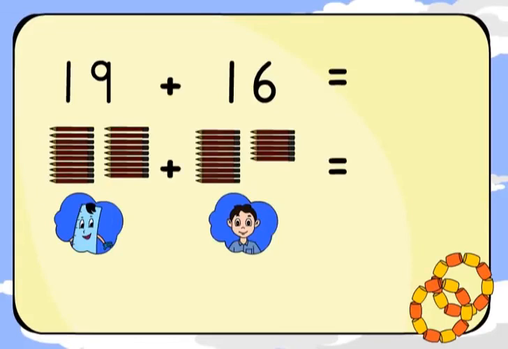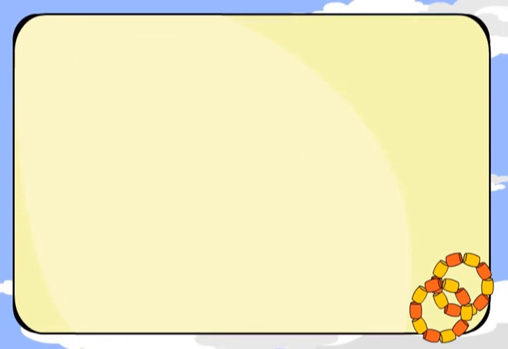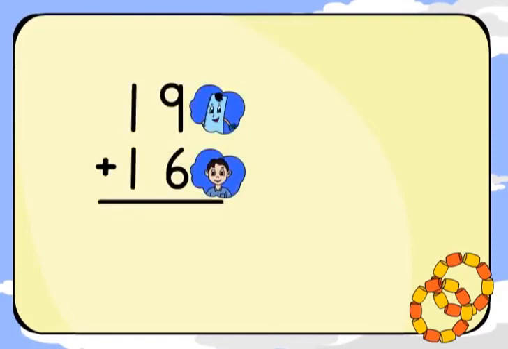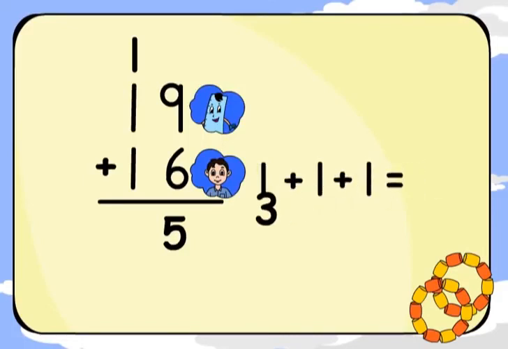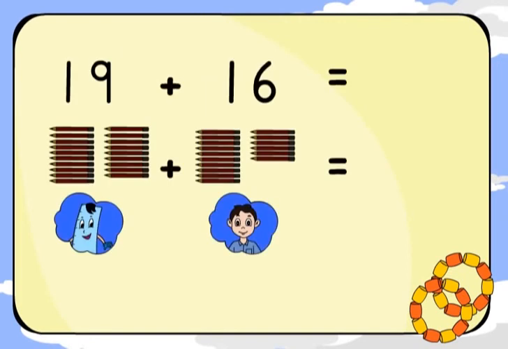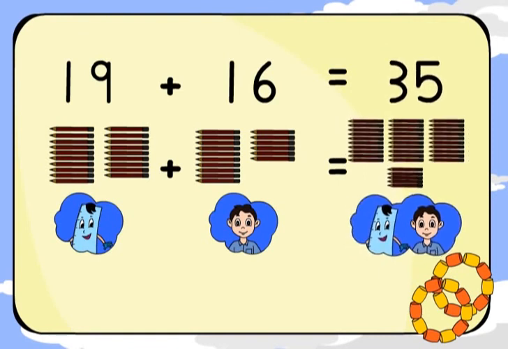How many pencils are there in all? 19 plus 16 is equal to 35. There are 35 pencils.